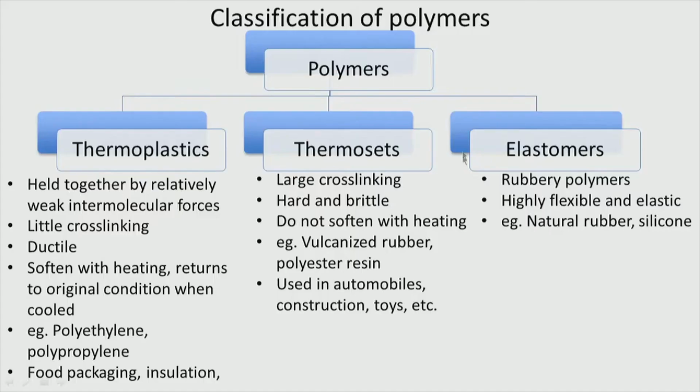So, polymers are basically divided based on whether they are thermoplastic, that means they soften and again get hard once cooled, or thermosets which do not soften once set, and then the elastomers which are rubbery.